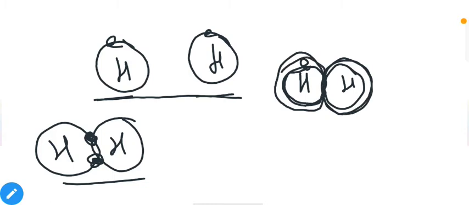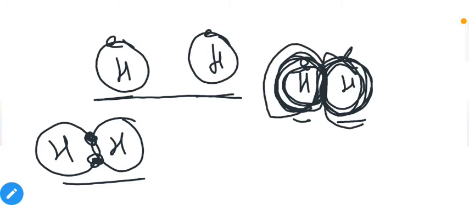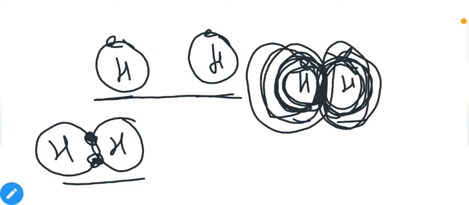It will enter the orbital of the first hydrogen and second hydrogen continuously. Similarly, the electron of the second hydrogen also spends some time in the second hydrogen, then it will enter the first hydrogen, then again it will enter the second hydrogen. This type of revolution will occur with both of the electrons. So actual bond formation occurs like this. Electrons will spend time in both of the atoms.